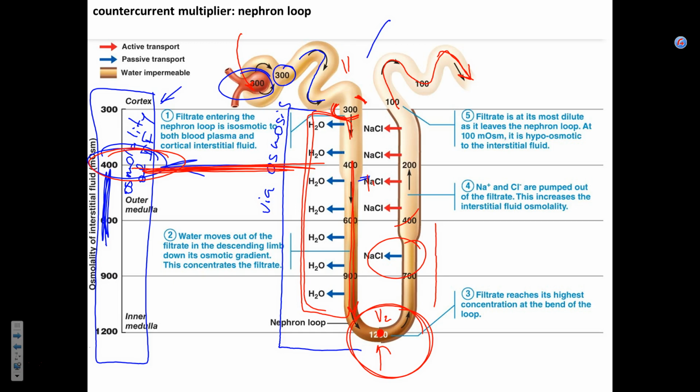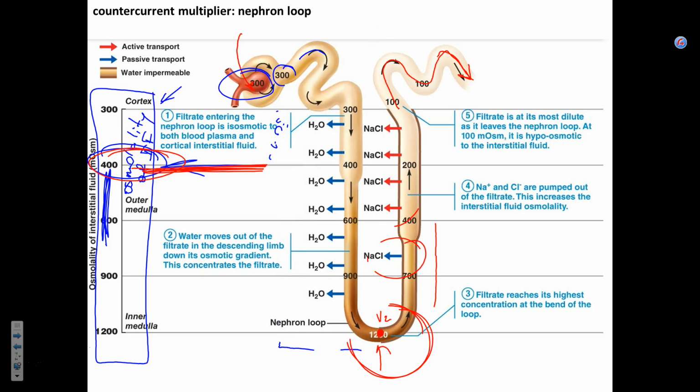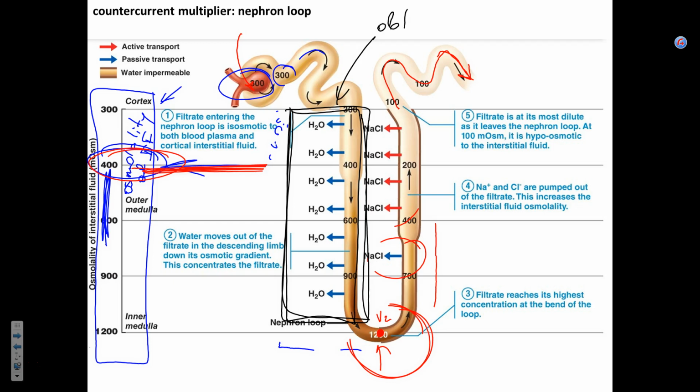Now, one really, really important statement, and just take it at face value. The reabsorption of water here is not regulated. It's called obligatory water reabsorption, or obligate. Do you understand the word obligate?